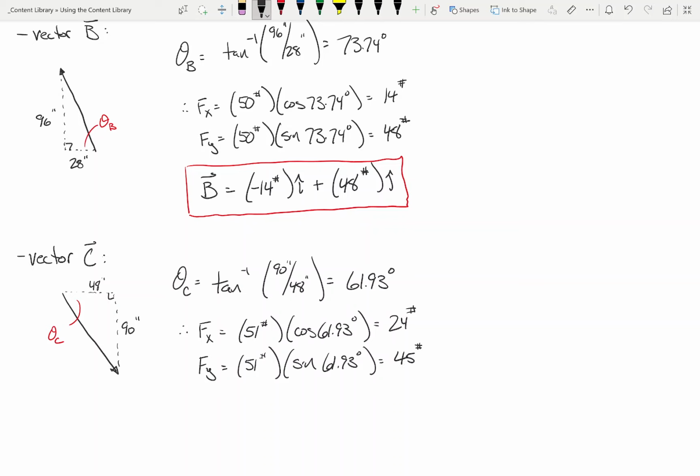Okay, so therefore C is there's that. What's wrong with it? There you go. See?